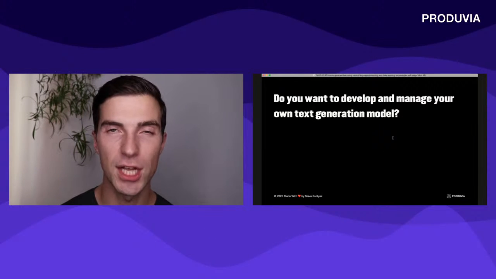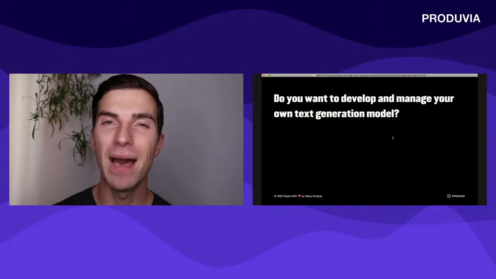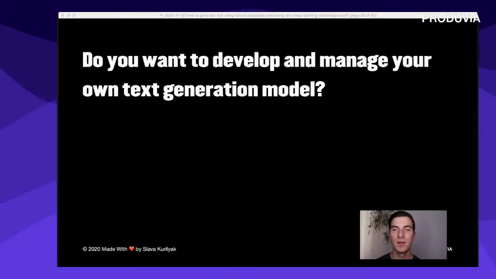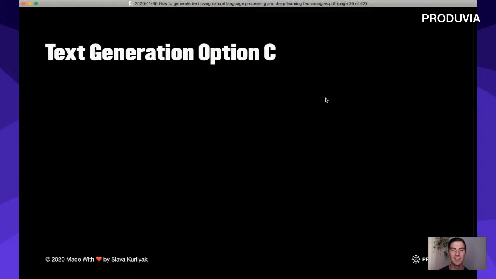The next question I have for you is, do you want to develop and manage your own text generation model? If you say yes, then I present to you the third and final option, option number C. My team and I develop a natural language processing strategy for you.